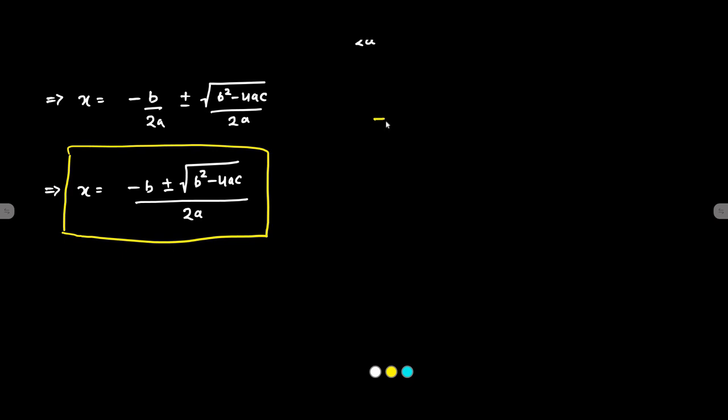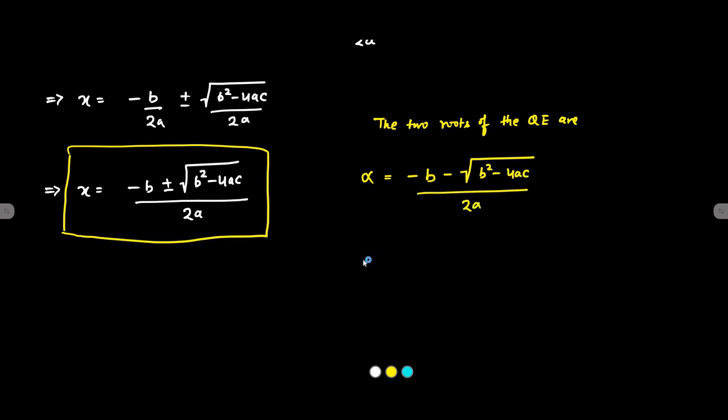The two roots of the quadratic equation are alpha, which is equal to minus b minus root over b square minus 4ac by 2a, and the other value is minus b plus root over of b square minus 4ac by 2a.